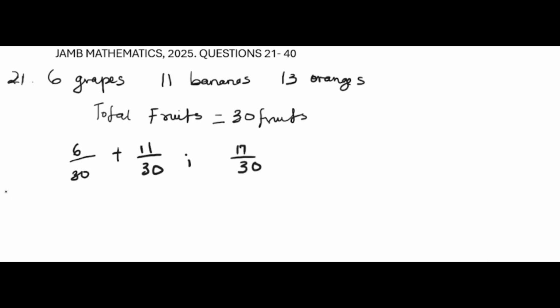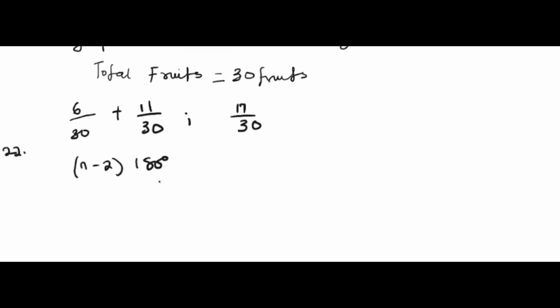So proceeding to the next question, number 22. The question says, calculate the interior angle of a 5-sided polygon. The formula is n minus 2 times 180 degrees, all over n.